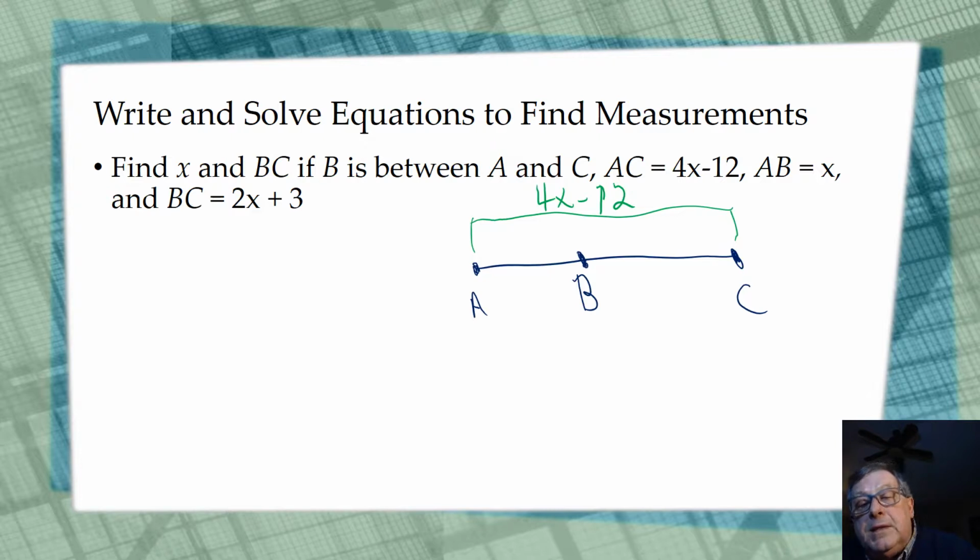And then AB is equal to x. And BC is equal to 2x plus 3.